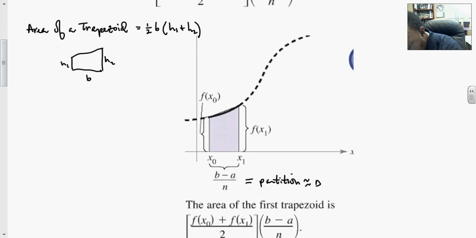This approximates delta x, which you know as dx.